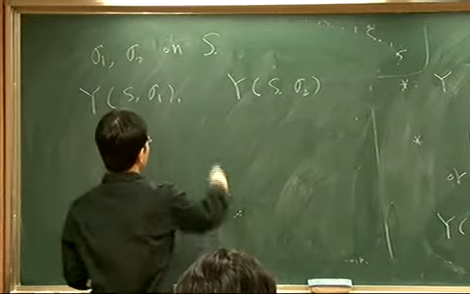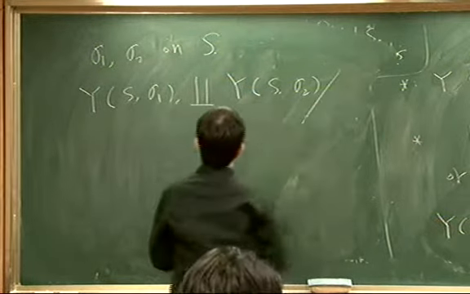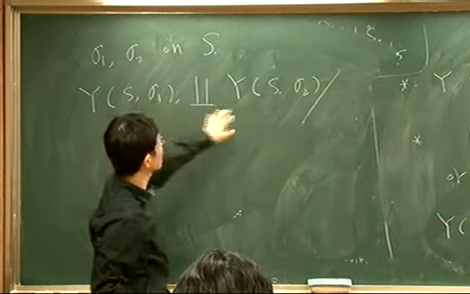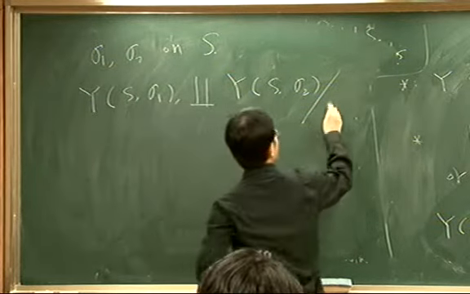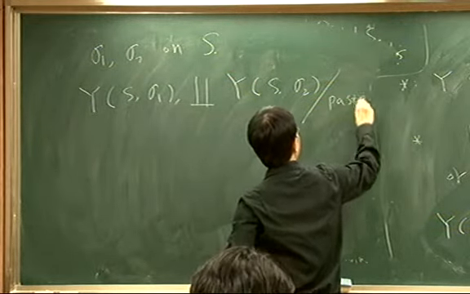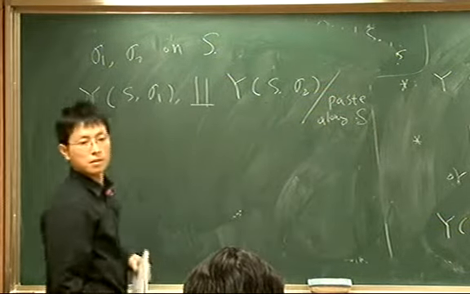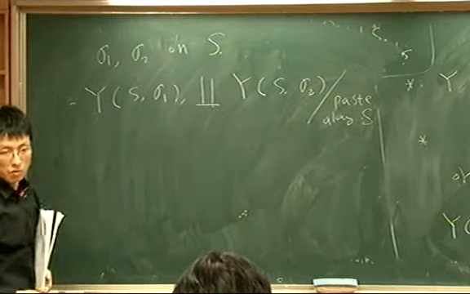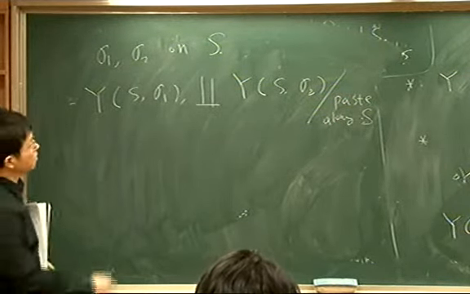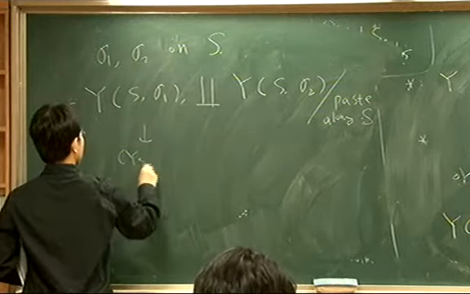You take a disjoint union of these, and this one contains a copy of S, and this one contains a copy of S. So you can just paste them along S. This pair gives many Calabi-Yau threefolds and G2 manifolds.